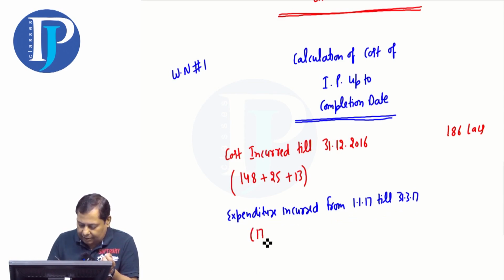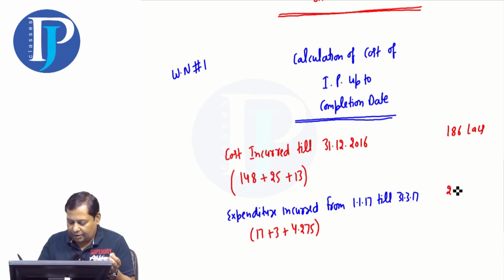So you know that 17 plus 3 plus 4.275 becomes 24.275, total 210.275 lakhs.